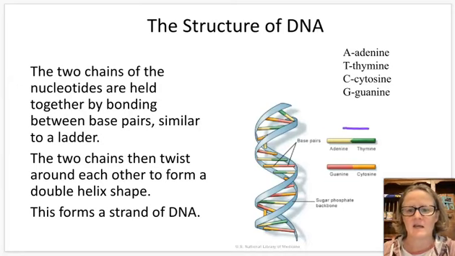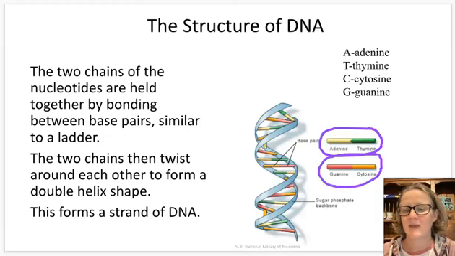You can see here the base pairs A's and T's always match, and C's and G's always match, forming base pairs in the middle of the chains that are twisting around each other. So this twisting is called a double helix, and that's what DNA's shape is made up of.